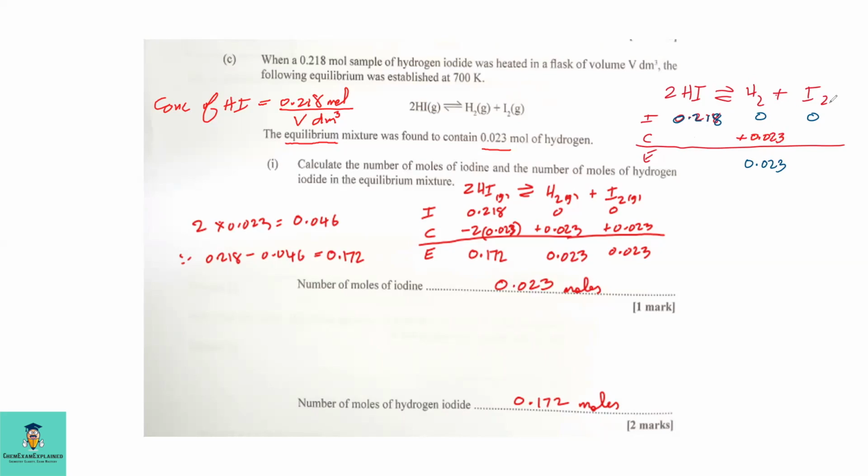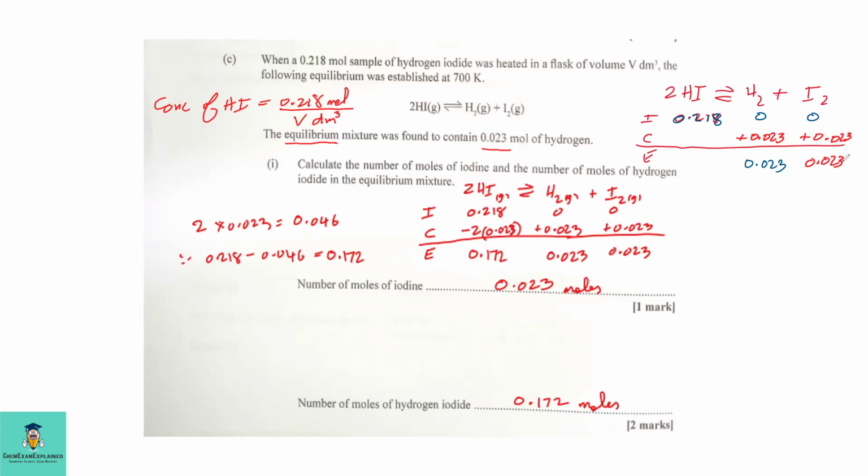Since the mole ratio is 1 to 1, it was also added here. So we know the initial concentration of I2 is 0, but the change when the HI starts to decompose produces 0.023 moles per dm³ of I2. So at equilibrium, we also have 0.023 moles per dm³ of I2.